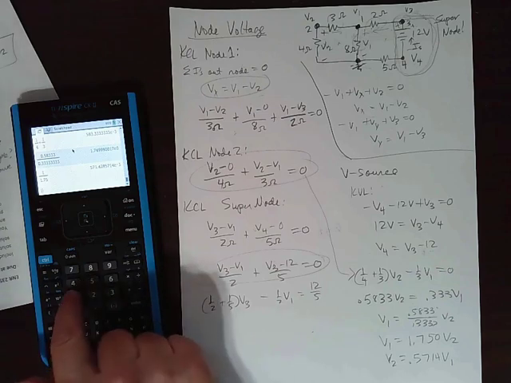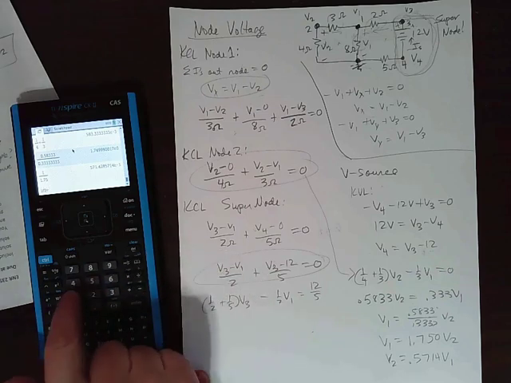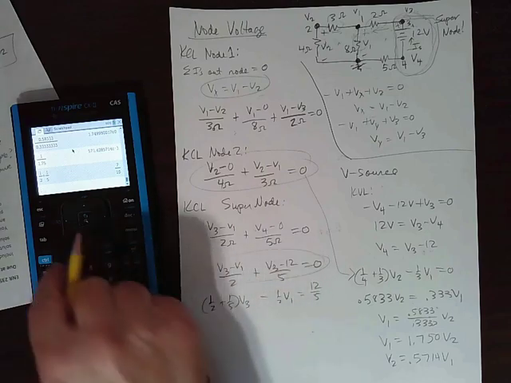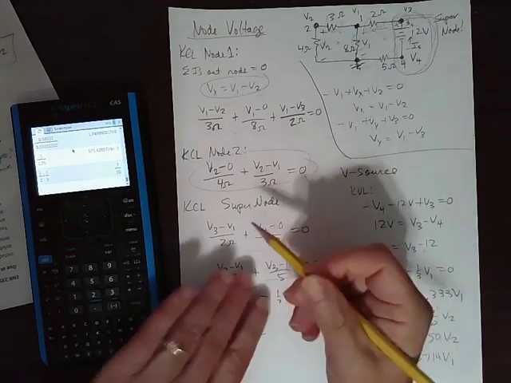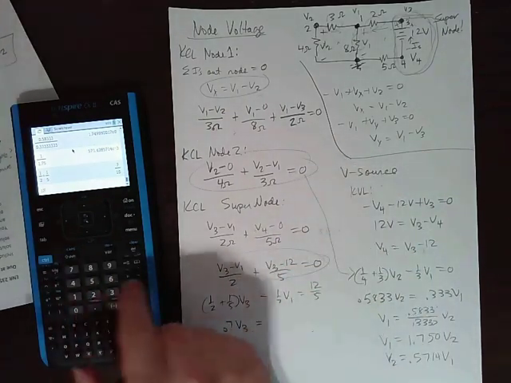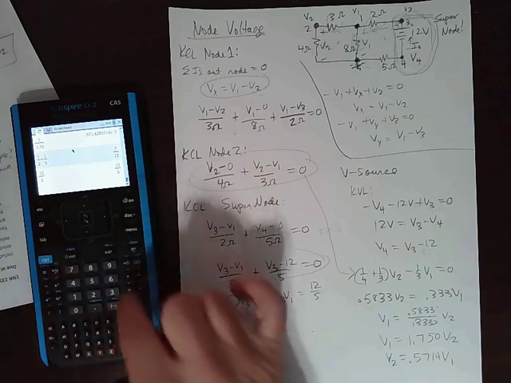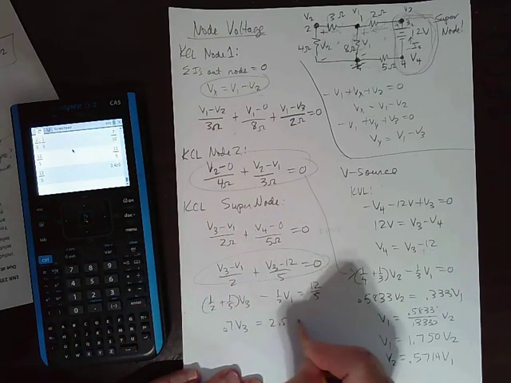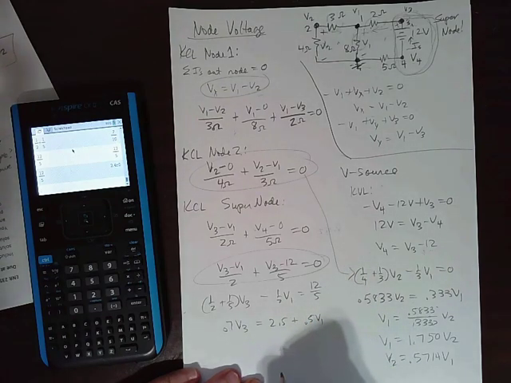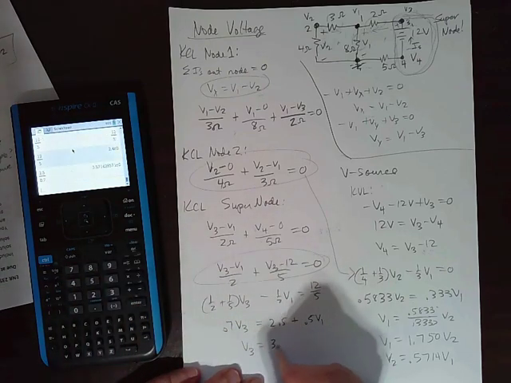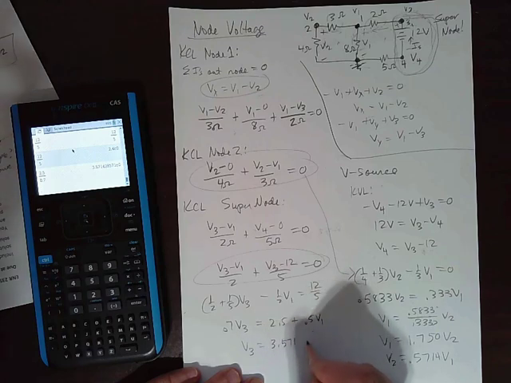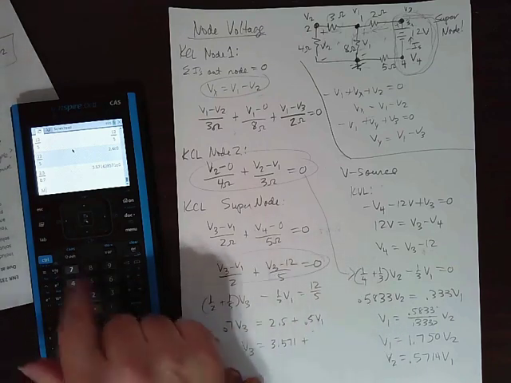So 1 divided by 2 plus 1 divided by 5, 0.7 V3 equals 12 divided by 5, 2.4, plus 0.5 V1. And so V3 is 2.5 divided by 0.7, 3.571 plus 0.5 divided by 0.7.